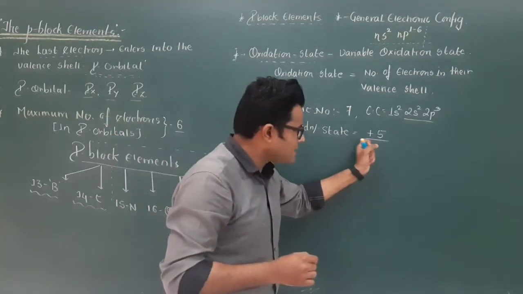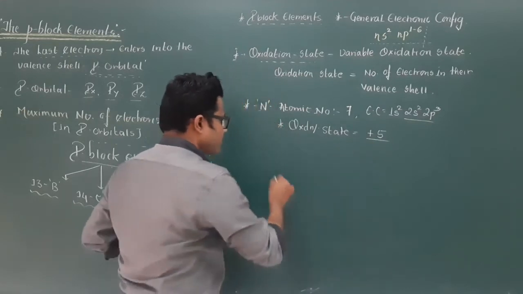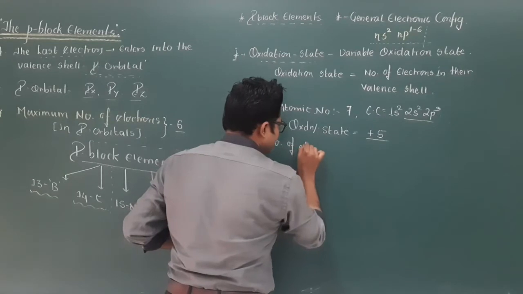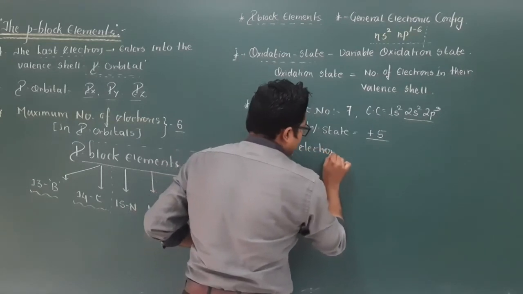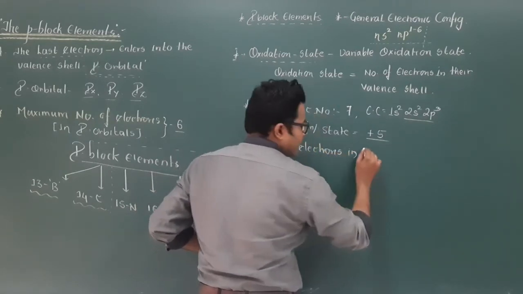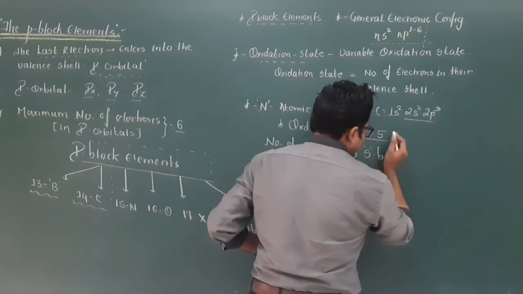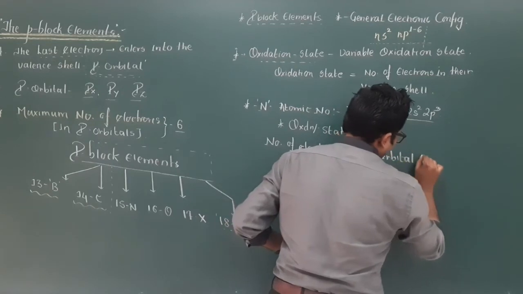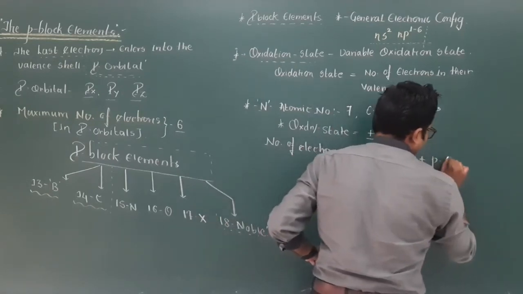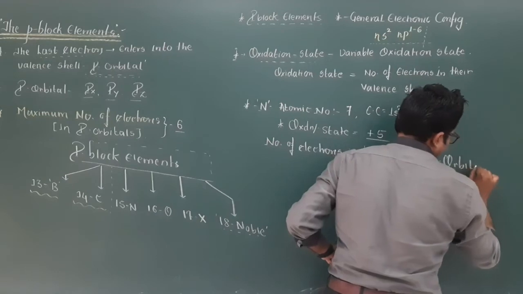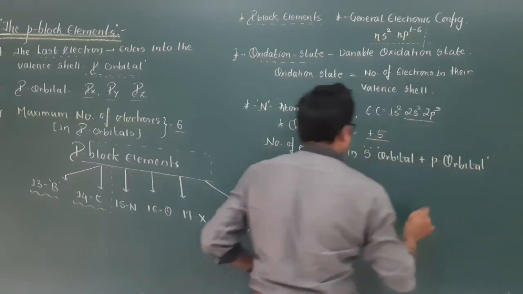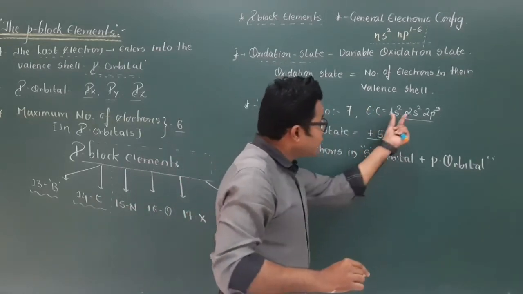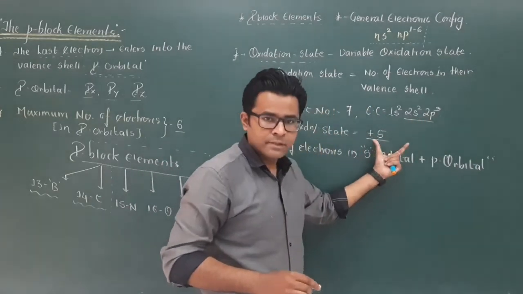Okay, now how is it +5? It is because of the number of electrons in the s orbital plus the p orbital of the valence shell. So if we take that into consideration, 2 plus 3 is 5.